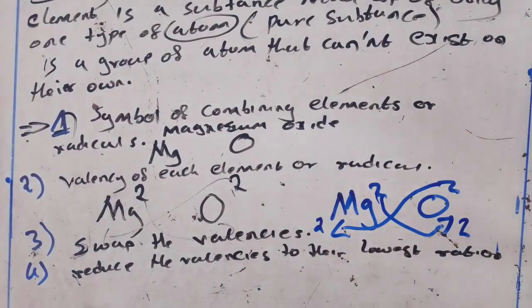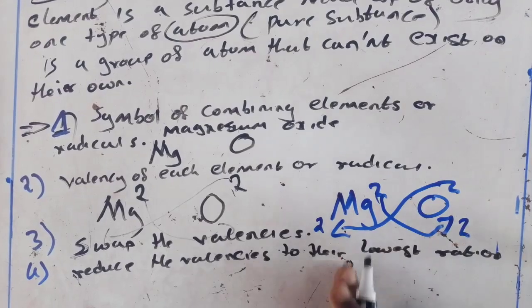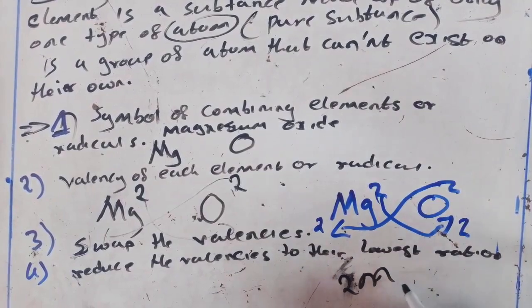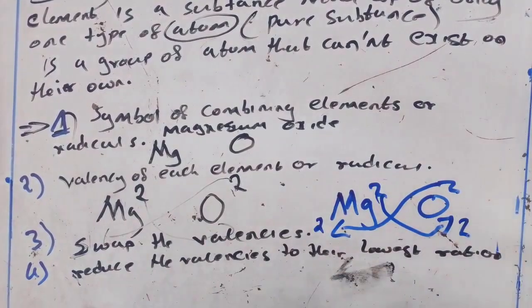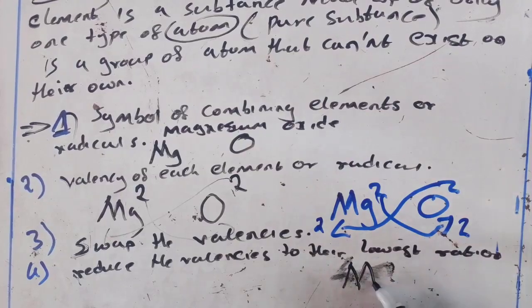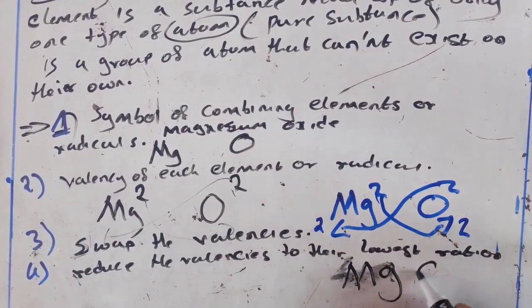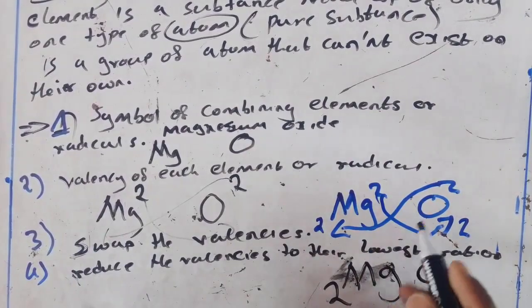I'm going to give an example in this. So on step 3, we swapped the valences and we had something like this. The 2 here, 2 after this swapped.